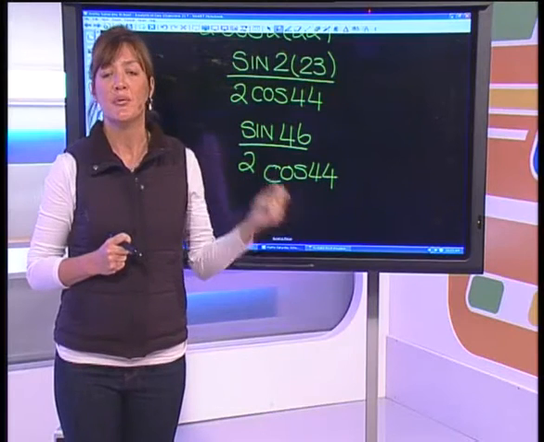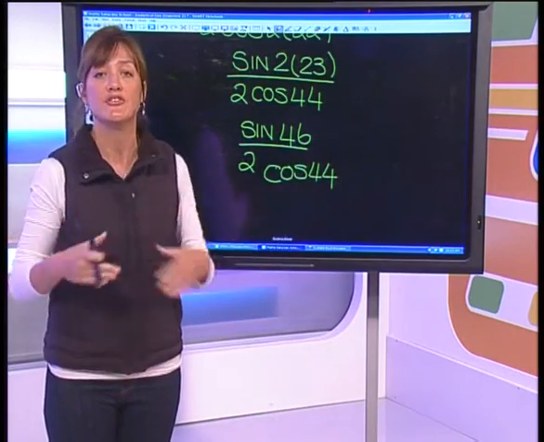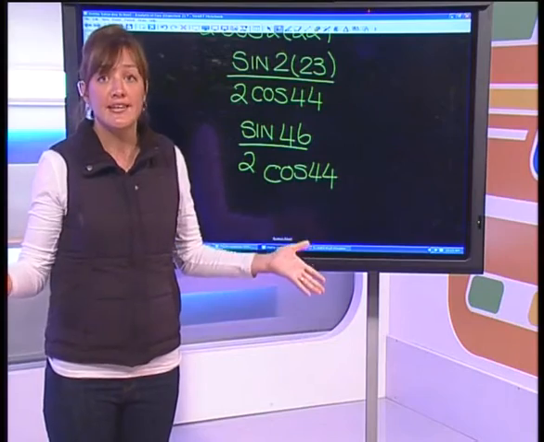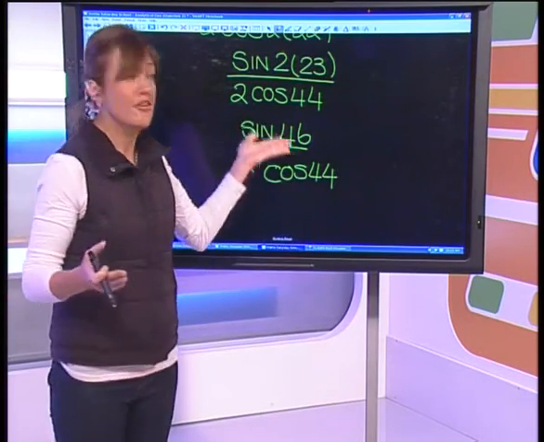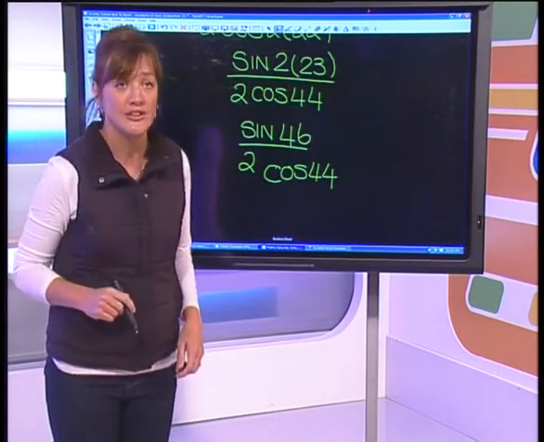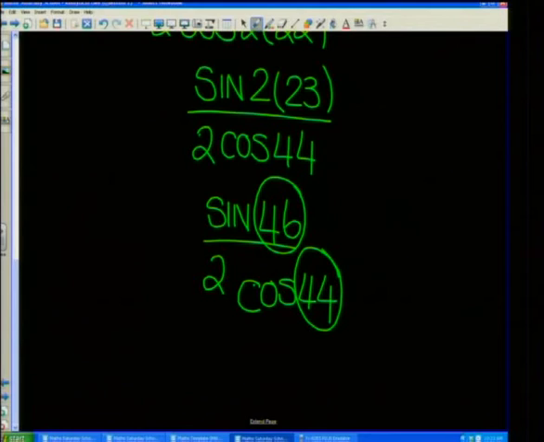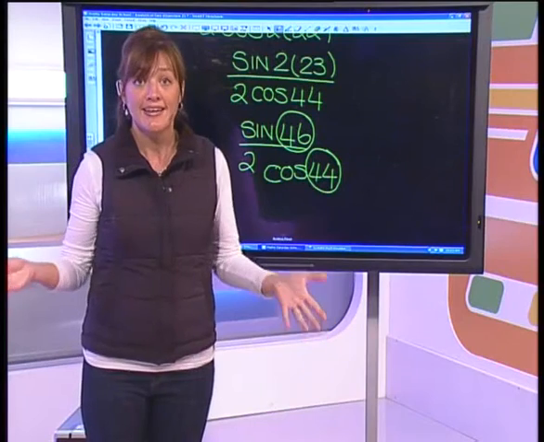This is such an important thing to remember, especially because you're not working with special angles. You don't have the option of using a calculator, and we don't know offhand what sine 46 and sine 44 is. So this is what you are going to do. Take 46 and add 44 to it. What do you get? We should be getting 90.